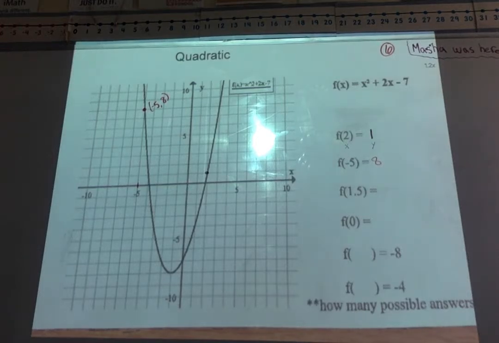Just similar to the first 2 examples, you're finding where x equals 1.5, what does y equal? Using the parabola, the graph.